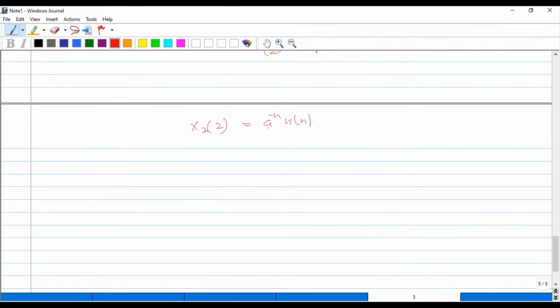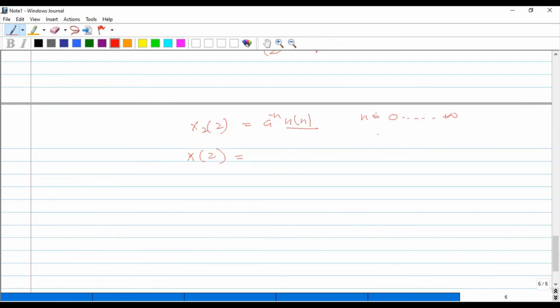If we find this one also, you will get X(z). If I write X(z), here it is a^-n, and it should be from n equal to 0, because it is multiplied by u[n], so n also should be from 0 to plus infinity.